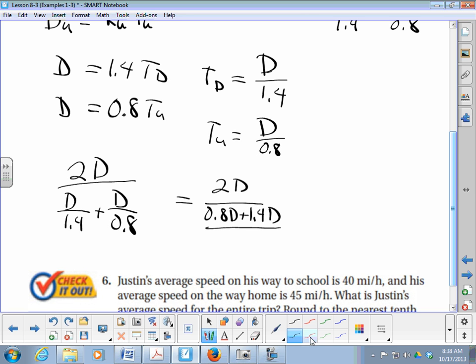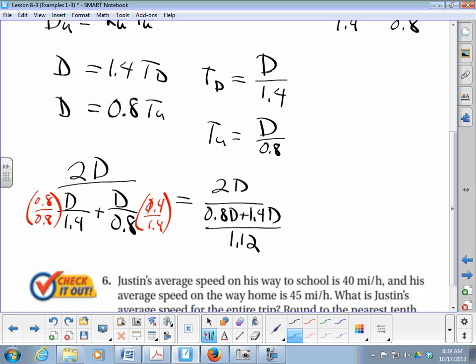Because we're going to multiply this by 1.4 and this by 0.8. What's 1.4 times 0.8? 1.12.